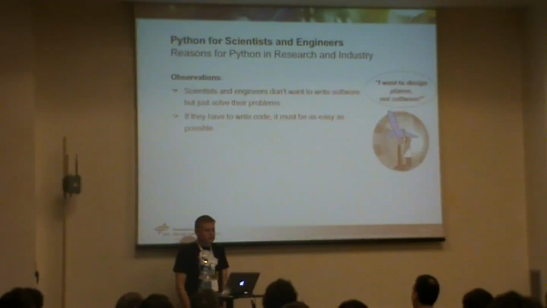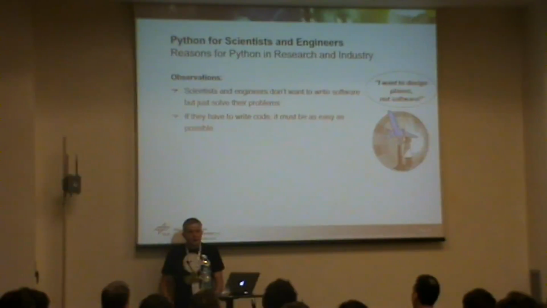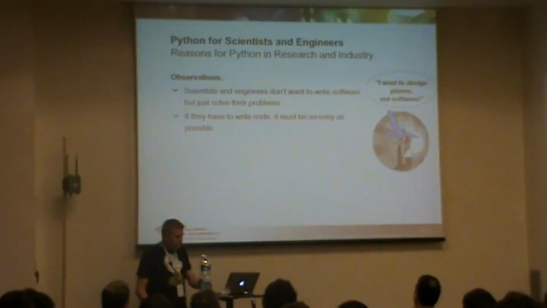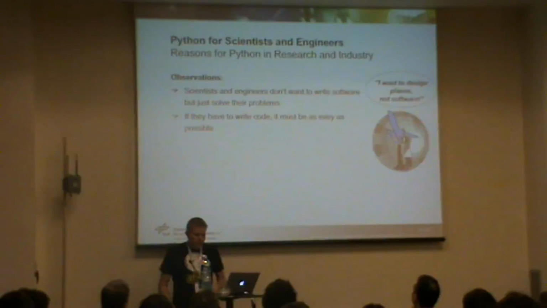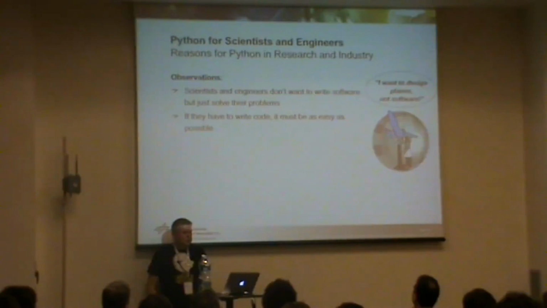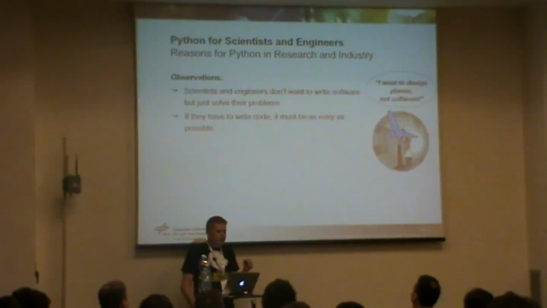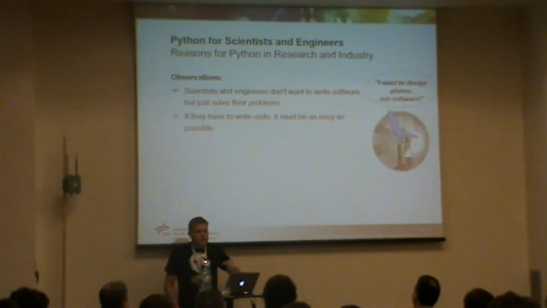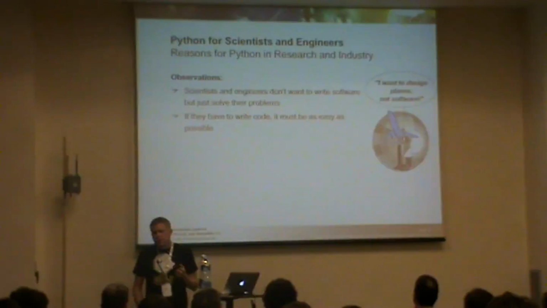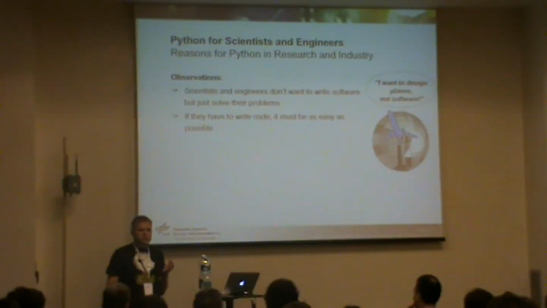So I'm working in the field of scientists and engineers. Why are we using Python there? We use Python a lot at DLR. Currently we have about 100 people developing in Python.